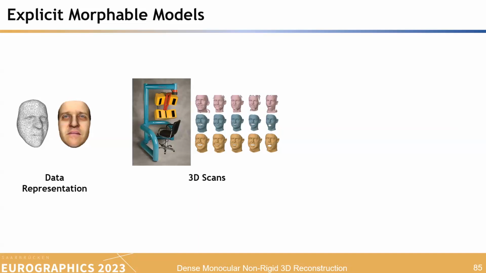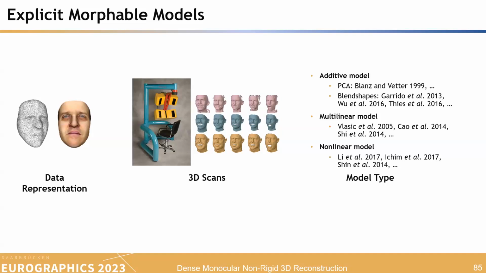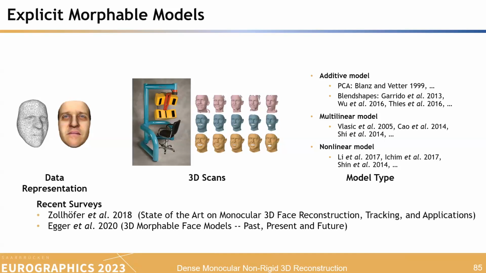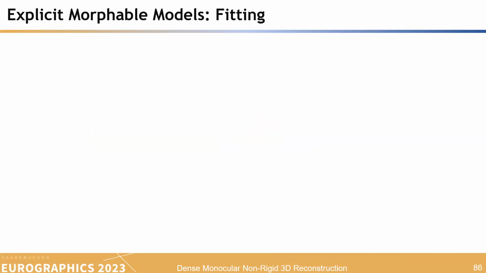These methods typically do some sort of dimensionality reduction. For example, in the case of Blanz and Vetter, they use principal component analysis, or tensor decomposition as in the case of multilinear models. And lately, there have been methods which use nonlinear representations. The two recent surveys extensively talk about these methods, and here we only try to address methods that are recent.